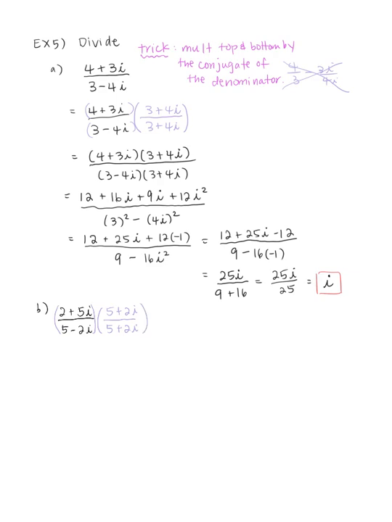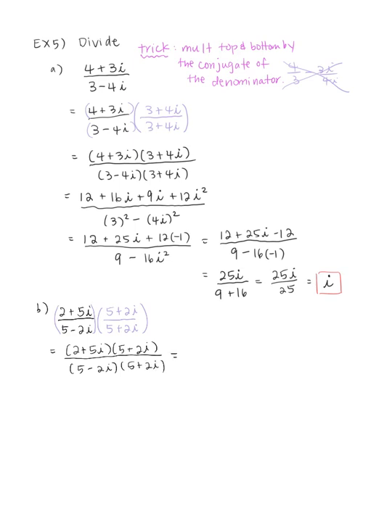And let's get started. So this is the same thing as 2 plus 5i, and then 5 plus 2i, divided by 5 minus 2i times the 5 plus 2i.